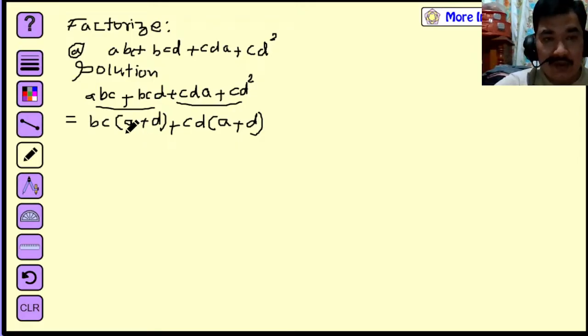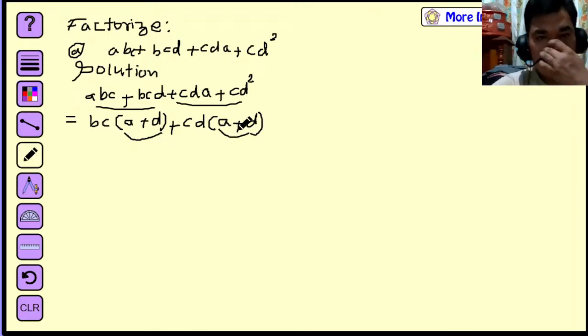Whether it is right or wrong, we have to decide from here. Here A plus D is remaining, and here also A plus D is remaining. If A plus D remains the same, that means our factorization is correct.